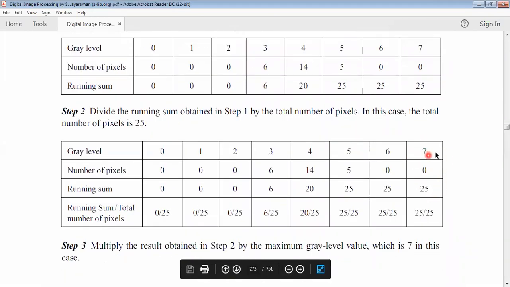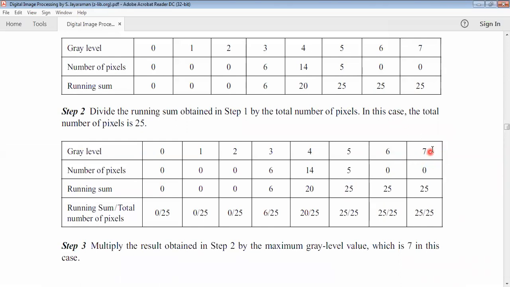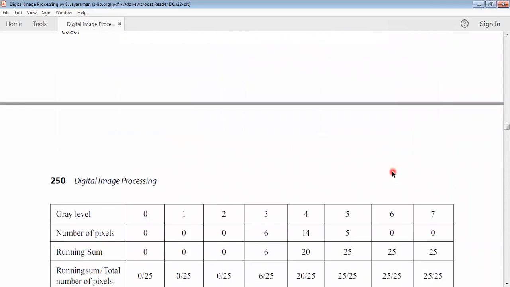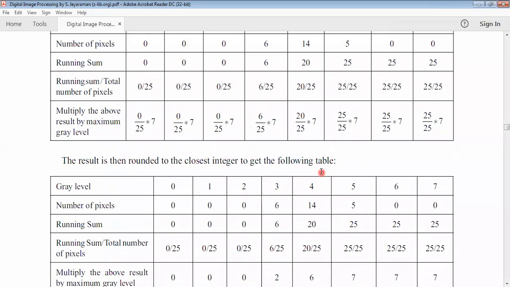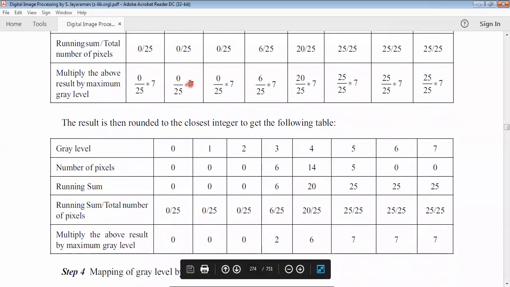The maximum gray level is 7. Not the one in the image, the possibility is 7. So multiply the above result by the maximum gray level, multiply with 7. So 0, 0, 0, then 6 by 25 into 7, which is nearly 2; 20 by 25 into 7 is 6; 25 by 25 into 7 gives 7, 7, 7.